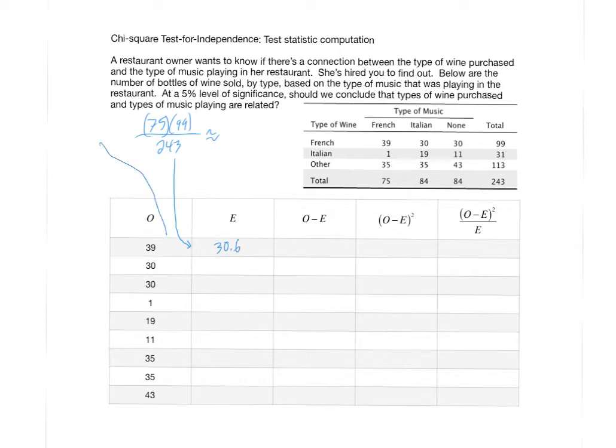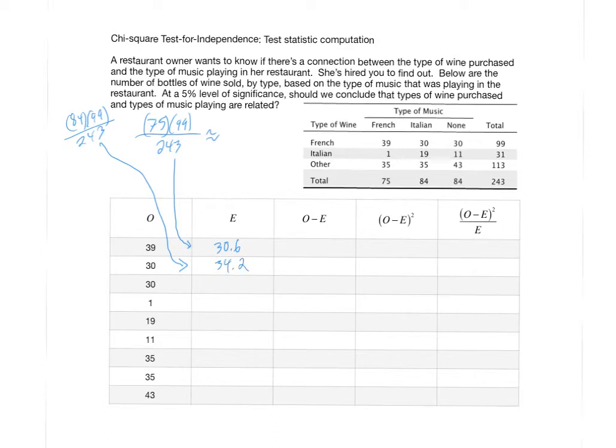Let's do this again for the next value. So the observed value 30 is this one right here. To get the expected value that goes with that, we would take the column sum 84, multiply it by the row sum 99, and then divide by the sample size 243. So we've got 84 times 99 divided by 243, and that is approximately 34.2.